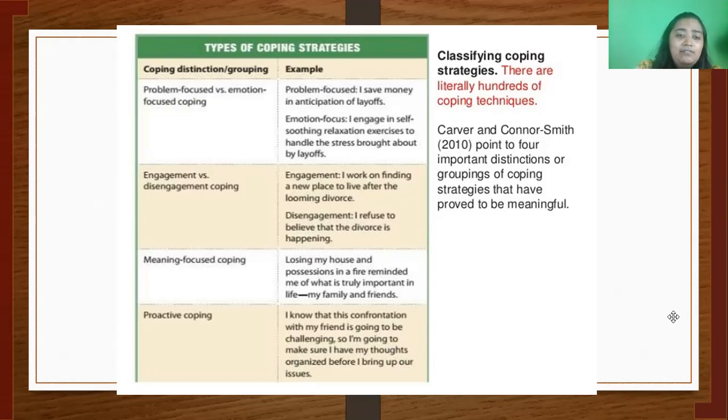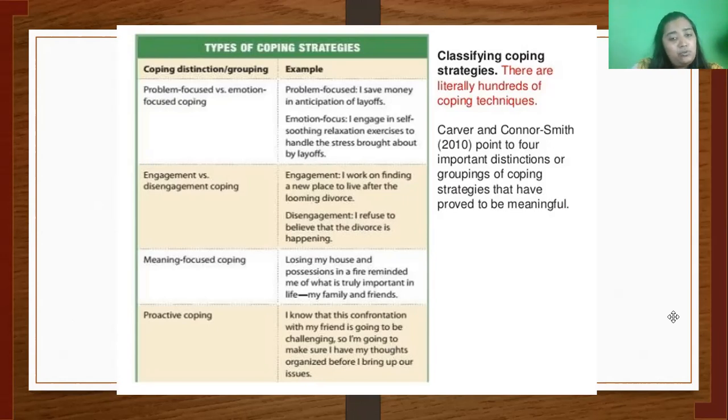The third type is meaning-focused coping: losing my house and possessions in a fire reminded me of what is truly important in life, my family and friends. So you would have lost a lot of your possessions, material things, but you are trying to create meaning with whatever exists, looking at what is meaningful to you.